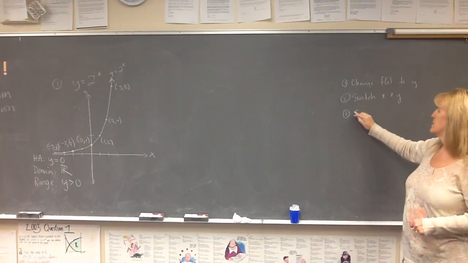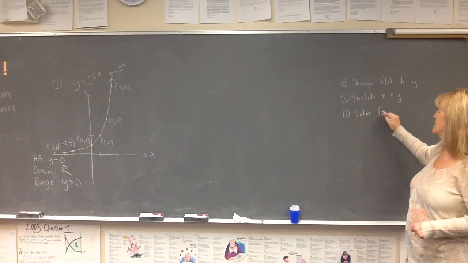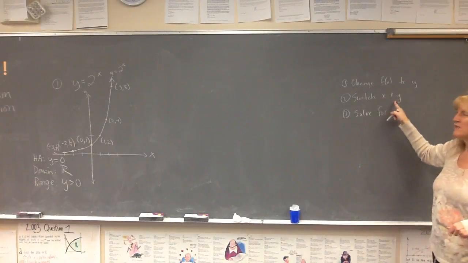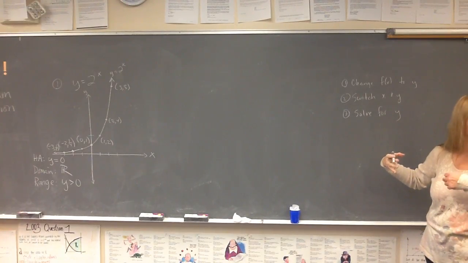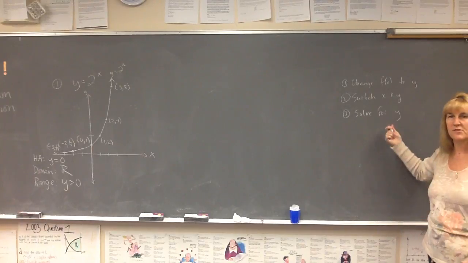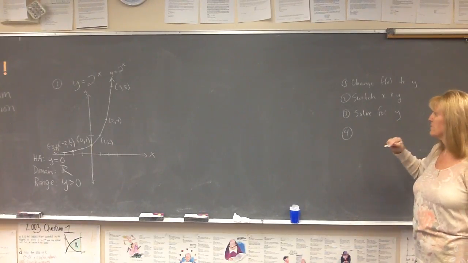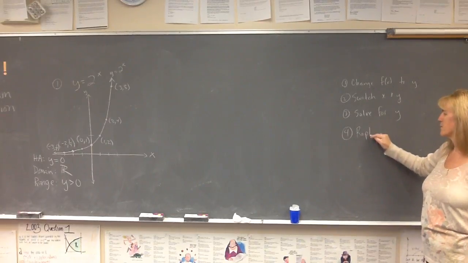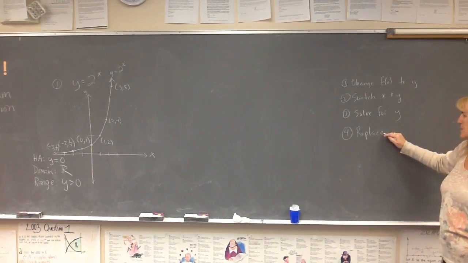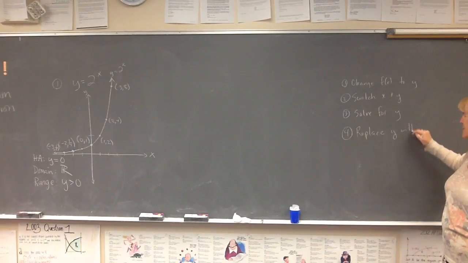What about the third step? Solve for y. Because by the time you interchange x and y, it's going to say x equals something. So you're going to have to solve for the other thing, which is solving for y. And your very last step, replace y with what?